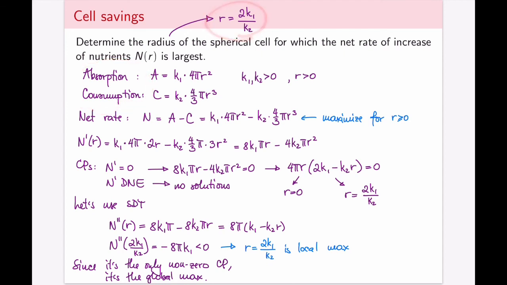Think about this number and also think about the point of equilibrium that we derived early on in the course between the absorption and consumption. How do the two values interact? That rate that determines how big a cell can be, and this rate that determines what is the best in terms of the difference between absorption and consumption. Take a look at the two values, maybe draw a couple of graphs, and think about how that relates to the biology of the cells.